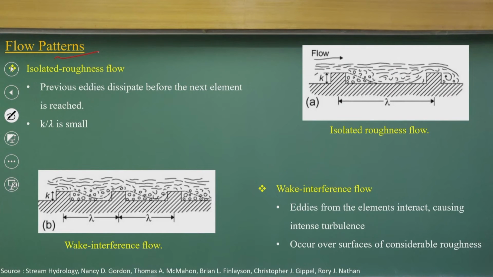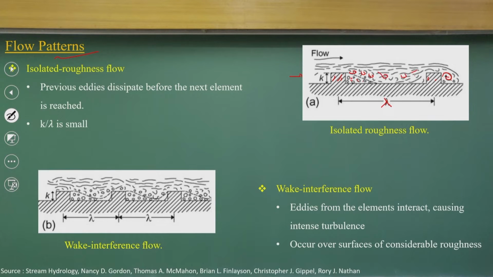For example, if I have roughness height k spaced apart by a distance lambda, then when you have flow there will usually be turbulence zones, no-flow or low-velocity zones, and there will be eddies.